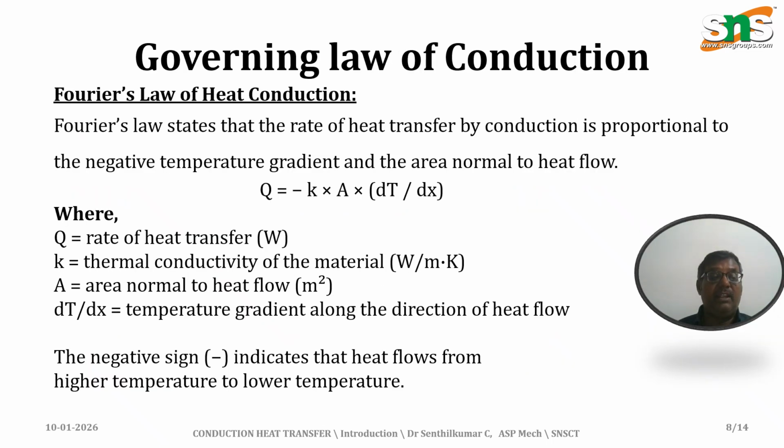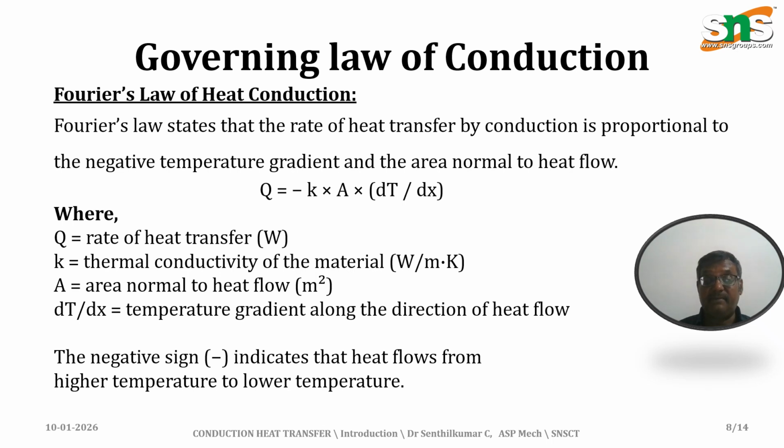Coming to the governing law related to conduction, that is Fourier's law of heat conduction, which is Q equal to minus K A dT by dx. We know K is the thermal conductivity, A is the cross-sectional area, and dT by dx is the temperature gradient. The thermal conductivity in watts per meter Kelvin decides how much heat the material can transfer.